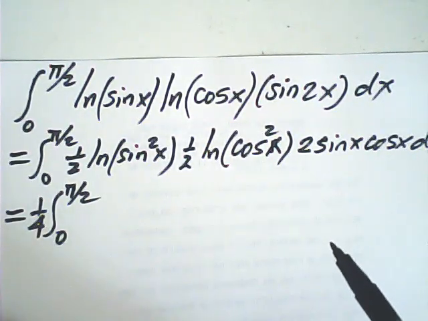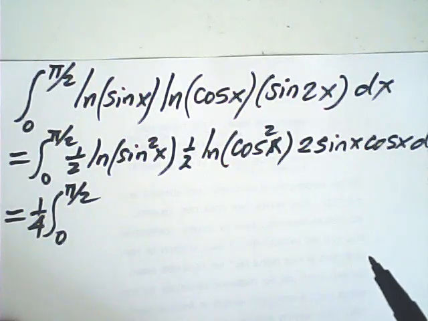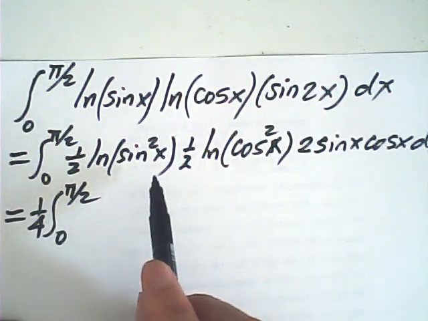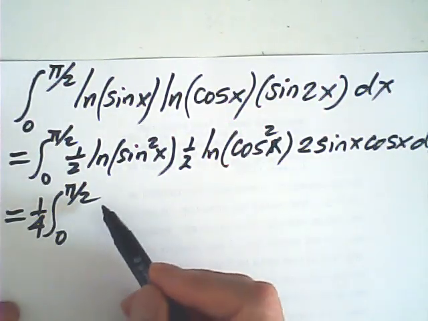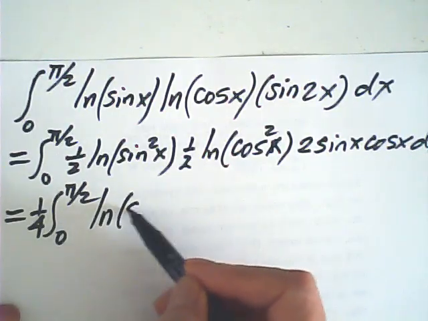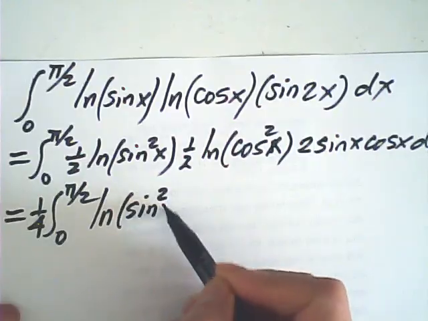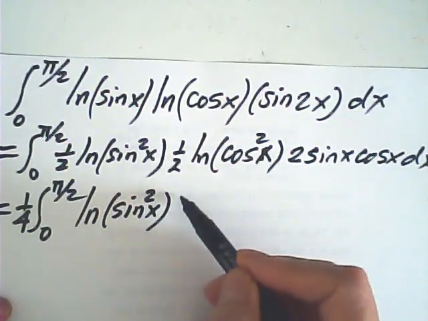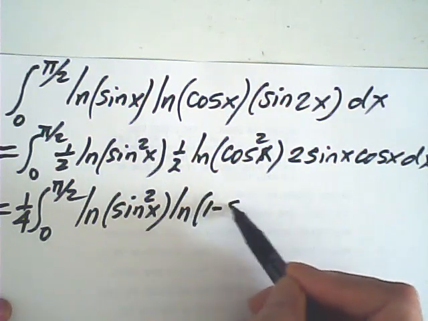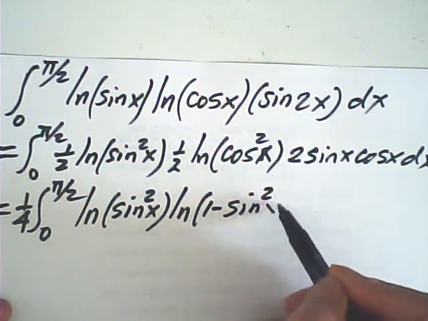And here, this is a natural log of sine squared x, and this is a natural log of 1 minus sine squared x, isn't it?